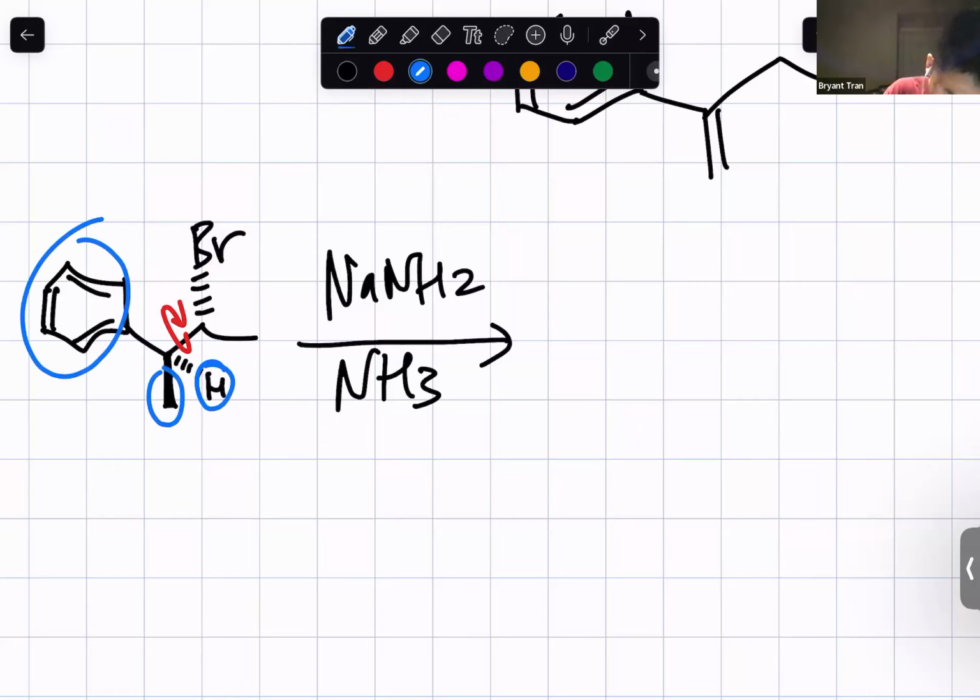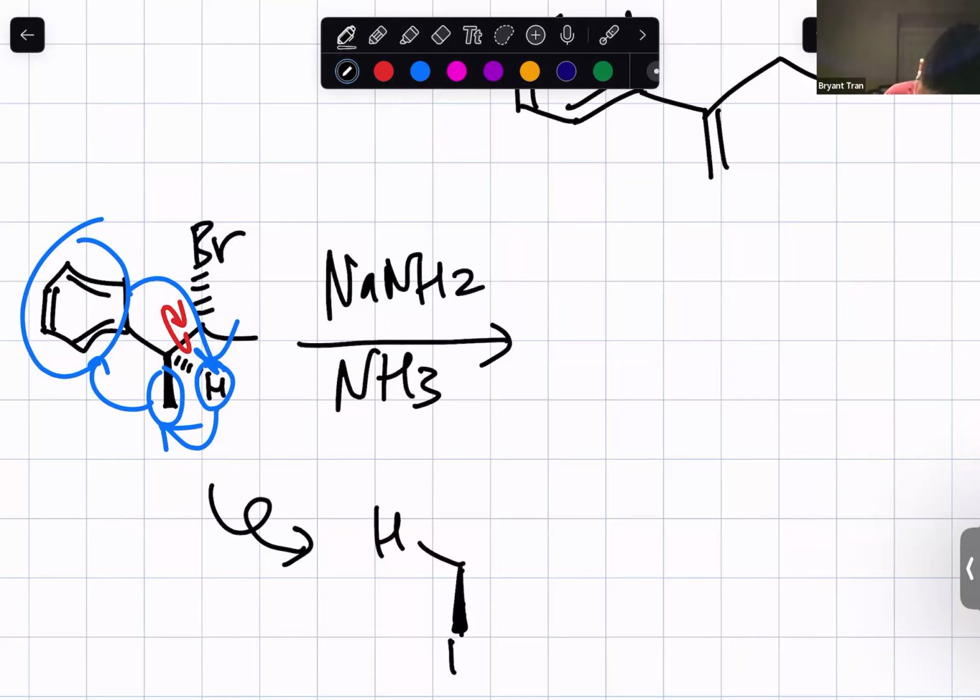I'm going to rotate these three groups here in a counterclockwise fashion in this structure, which is going to give us this new structure here. And then we got this.